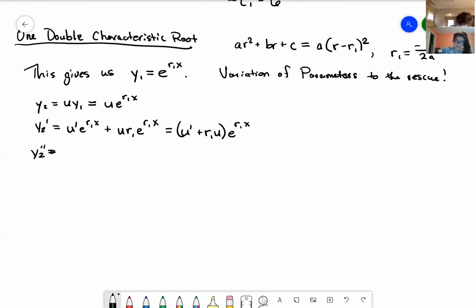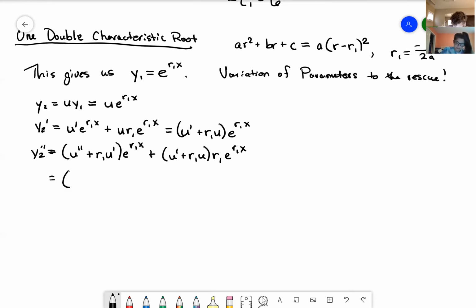So I'll have the derivative of the first. That'll be y2 double prime equals (u double prime plus r1 u prime) e to the r1 x plus (u prime plus r1 u) times r1 e to the r1 x. And now I'll do some distributing and collecting like terms.